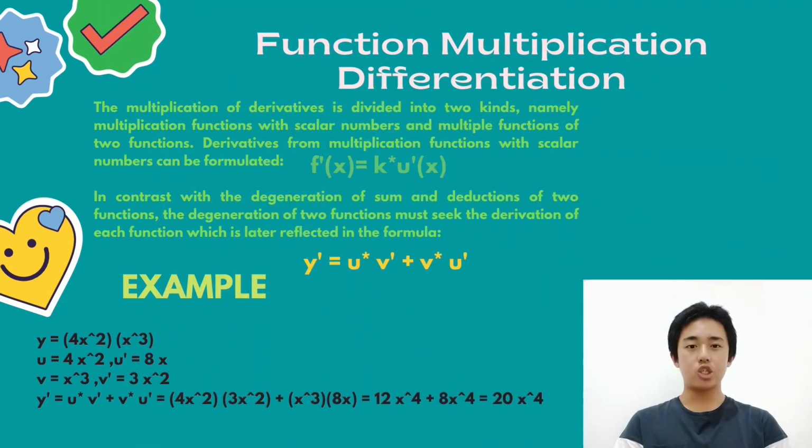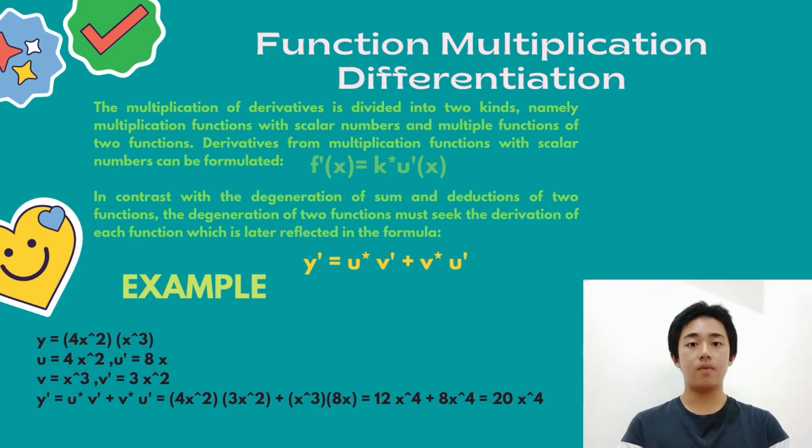Function multiplication differentiation. So the example is y equals 4x squared times x cubed. So we search for u. u is like the g(x), so it's one of the numbers with variables. So that is 4x squared. And if u is 4x squared, what is u prime?